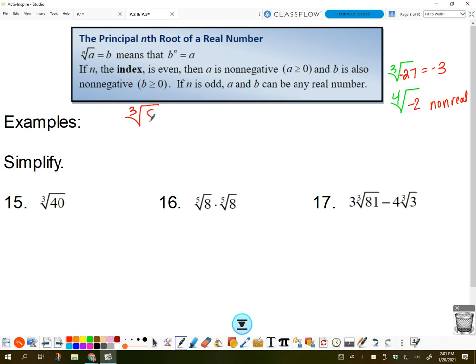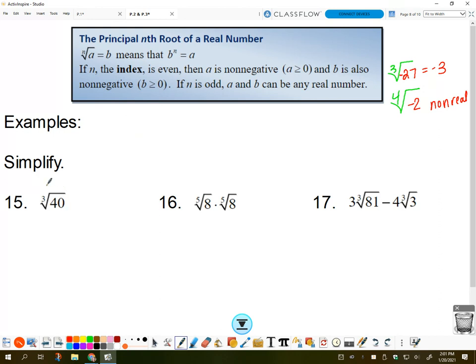The cube root of 8 is 2, because 2 times 2 times 2 is 8. The cube root of 27 is 3, because 3 times 3 times 3 is 27. All right, those are some cube roots that you should probably know. Beyond that, it's really not crucial that you memorize anything. You're just gonna play with the numbers and see what happens.